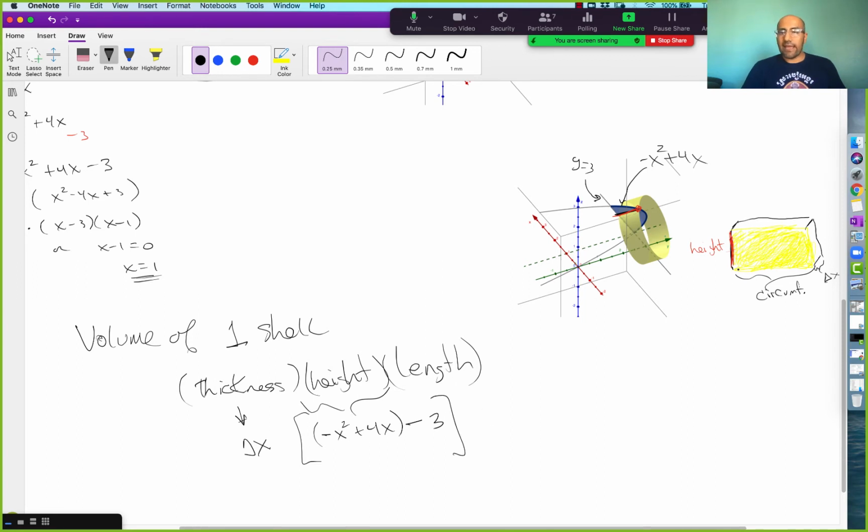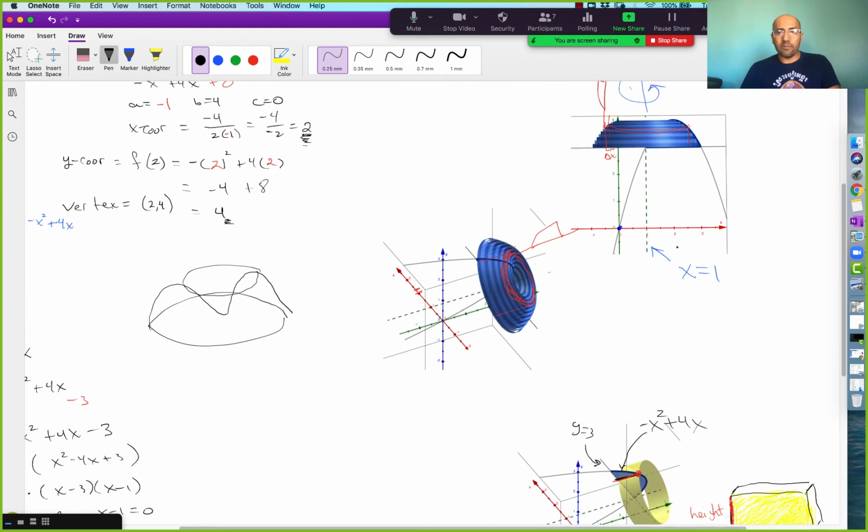And then we need the length of this yellow guy here, and it looks really ugly, so maybe I should just put that in there. We need the circumference. The length for us will be the circumference. And the circumference, well, we need the radius. And the radius is going to be equal to, let's go back to this picture.